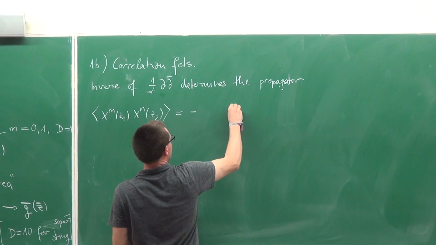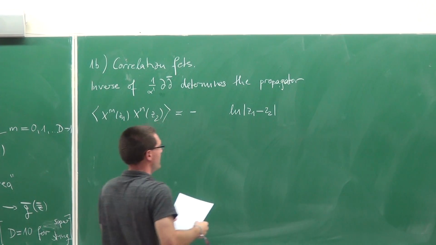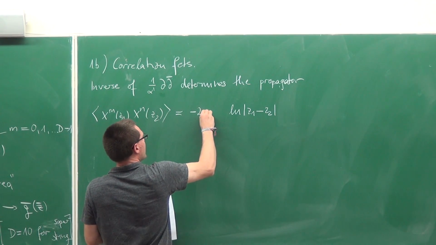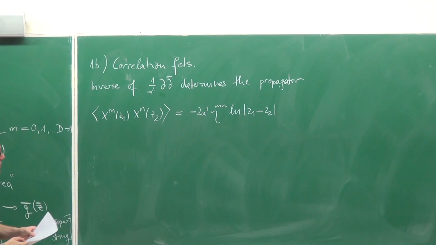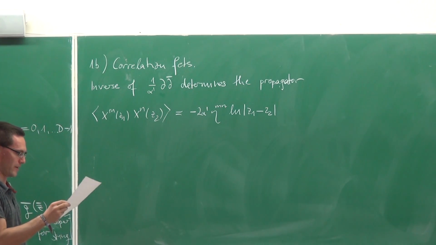And the answer is the logarithm in two dimensions. That's the Green's function for the two-dimensional Laplacian, up to normalization units. A factor of -2 alpha prime comes along the way, along with the Minkowski metric to reflect vector indices.